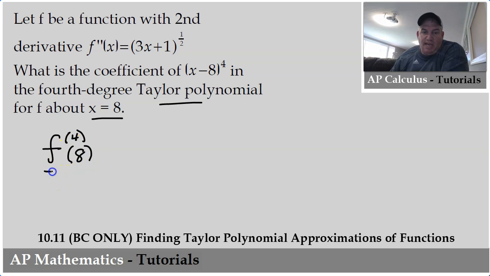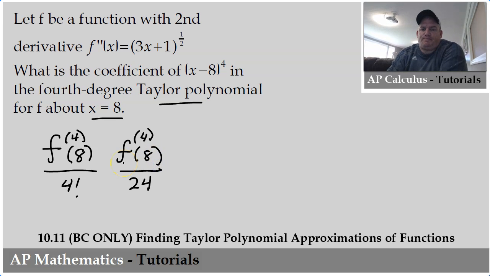And then we're going to divide by 4 factorial, which is 24. So what we want to figure out is what the fourth derivative at 8 would be, and we're going to put it on top of this ratio, and that will be my answer.